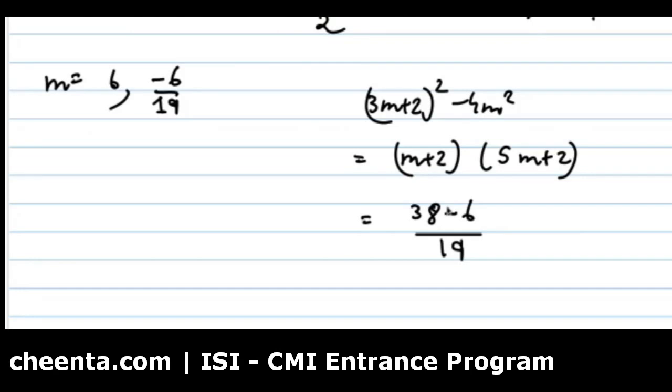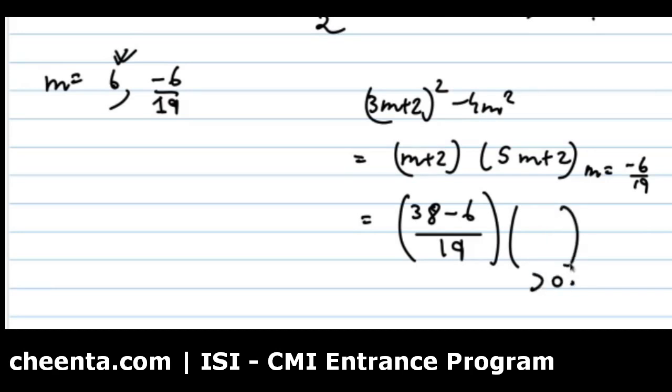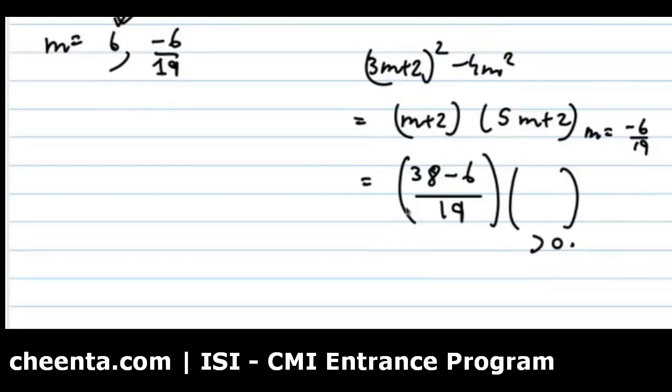Yeah, at m equal to minus 6 by 19. So this part is pretty trivial. And this will be clearly greater than 0 again. So something greater than 0. So this is done. This is the discriminant check.